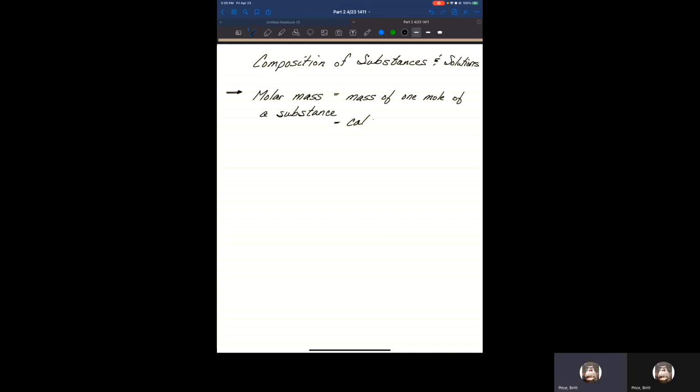And as you know, calculated from the periodic table. And the last thing that I want to say with regards to that is keep 2 decimal places.